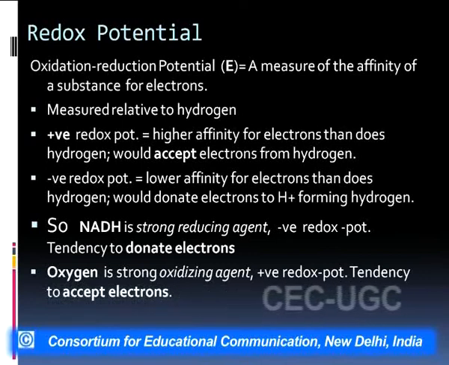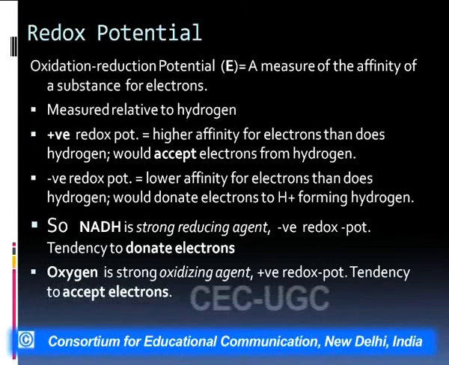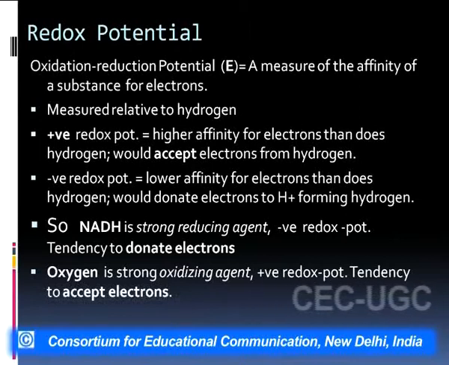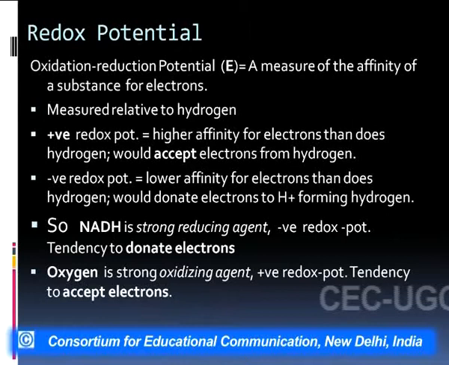The basic idea to remember is that if you have a positive redox potential, this particular carrier has a very high affinity for electrons as compared to hydrogen, and it would be a good electron acceptor from hydrogen. A substance which has a negative redox potential has a lower affinity for electrons than hydrogen, and it would donate electrons to hydrogen, forming protons.